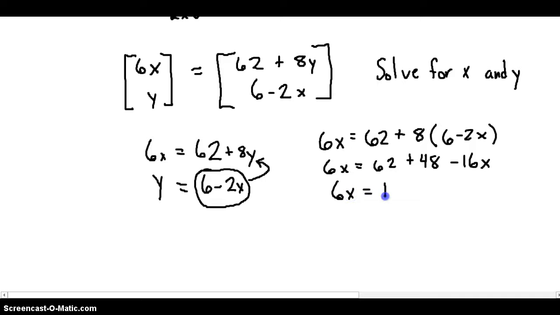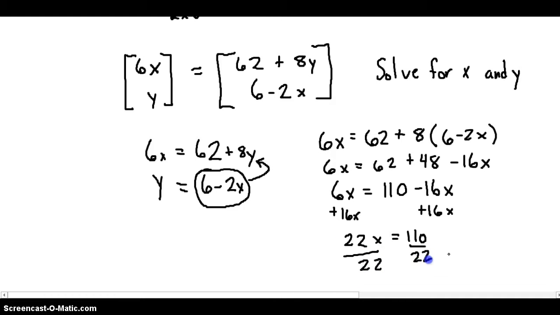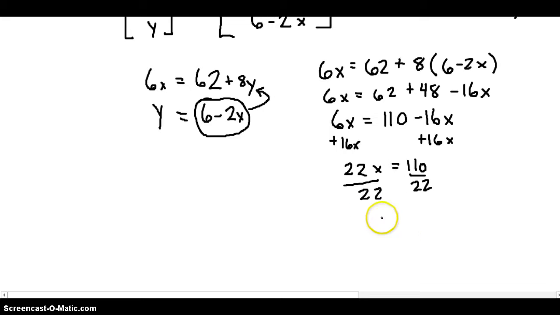6x equals 110 minus 16x. Let's add 16x to both sides. We get 22x equals 110. If we divide both sides by 22, we get x is equal to 5.